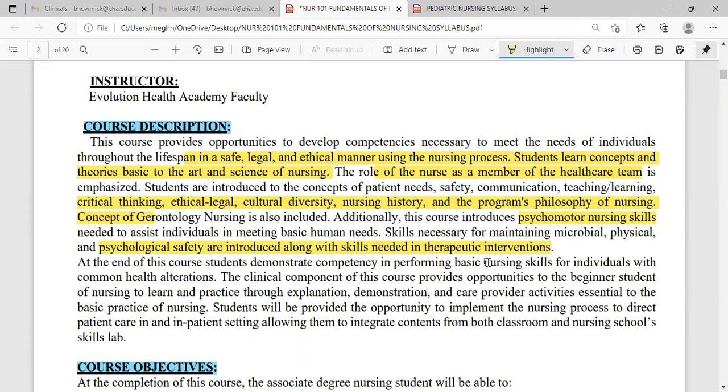So all of this we include in our simulation lab.